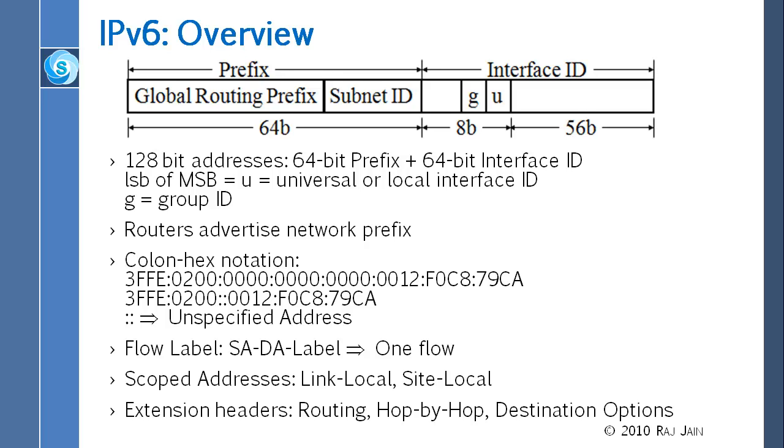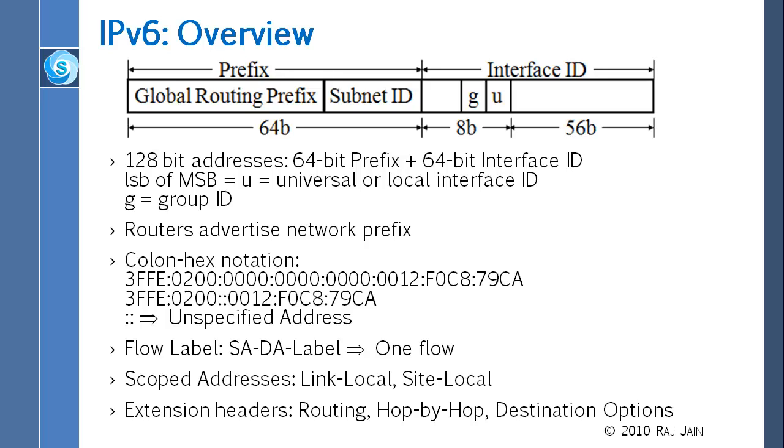So that is the major difference, the address type. The second major difference is that there is an extra field in the packet called flow label. If you take a source address, a destination address, and the flow label field, and you combine those 3 fields, so the source address is 128 bits, the destination address is 128 bits, and the flow label field is, I think, 16 bits.